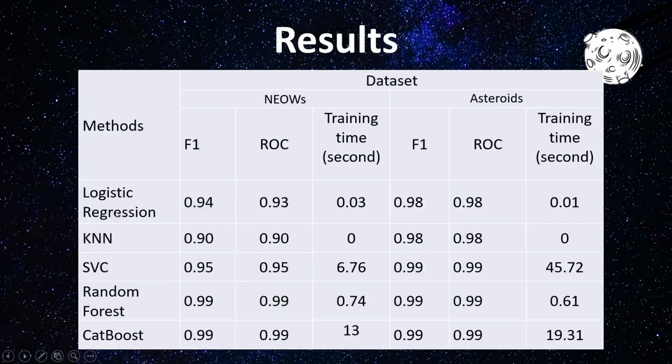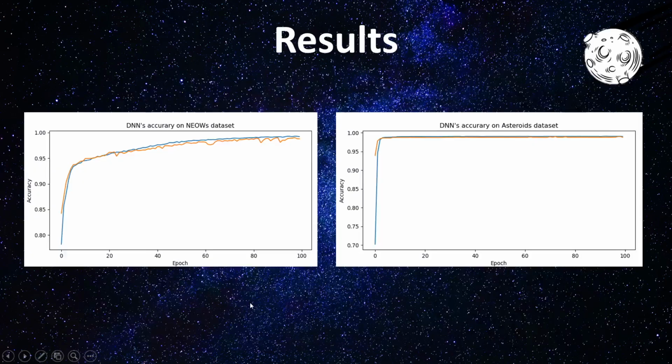In detail, they have similar results, but in training time, random forest performs really faster than CatBoost. So we will take random forest for comparing to the deep learning models.